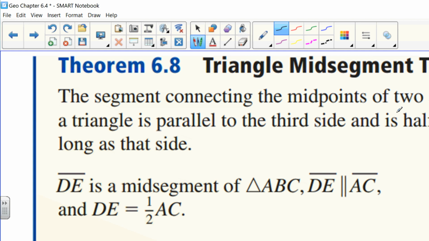So here, AC's length, if we multiply it by 1/2, we get DE. Guys, if we take DE's length, what would we need to do to get to the third side?